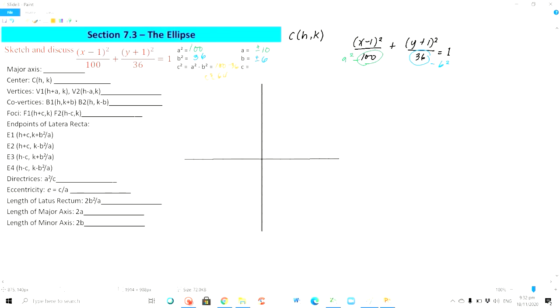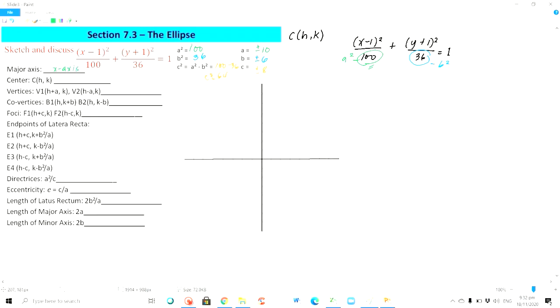So, ano ang ating c? Positive and negative 8. Okay, so for the major axis, makikita ulit natin dito na yung major axis natin is ito yun, 100 yung mas mataas. Kaya po nasa x po siya. So, the major axis is the x-axis.